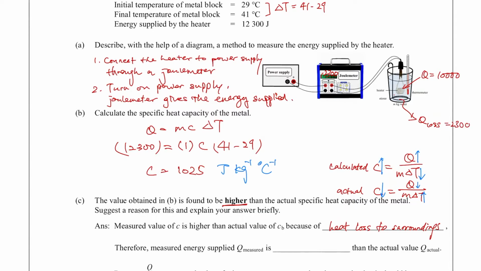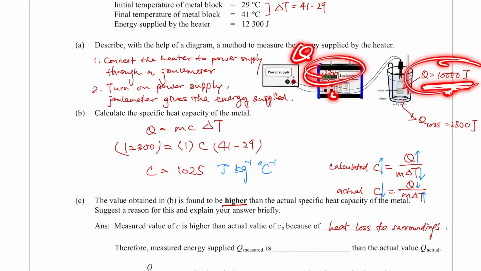So some energy has been lost to the surroundings. However, when you do your calculation, you still use this number 12,300. But in actual, we only have 10,000 to go into the metal. So the Q is overestimated.